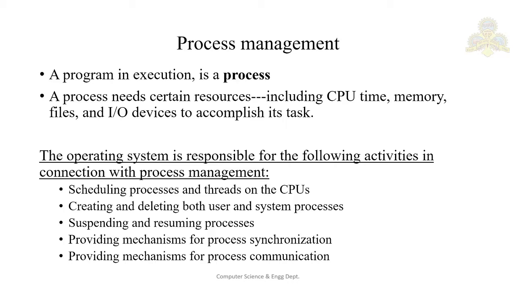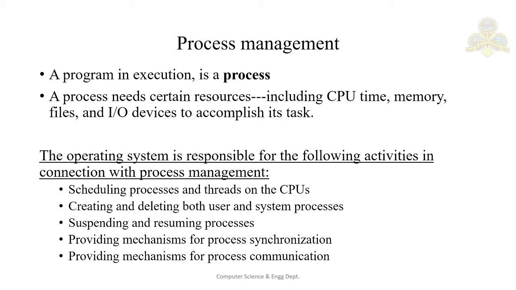Next one is suspending and resuming processes. Your operating system will govern what process must be run first based on the priorities and some strategies. What if there are two or more processes queuing to run? Your operating system will prioritize the process that has the highest priority.